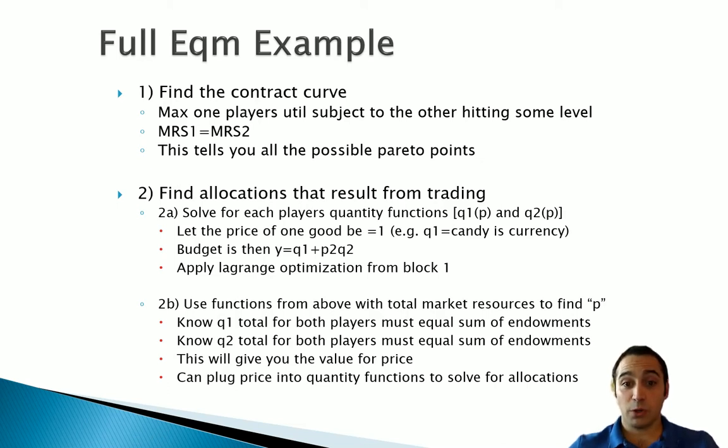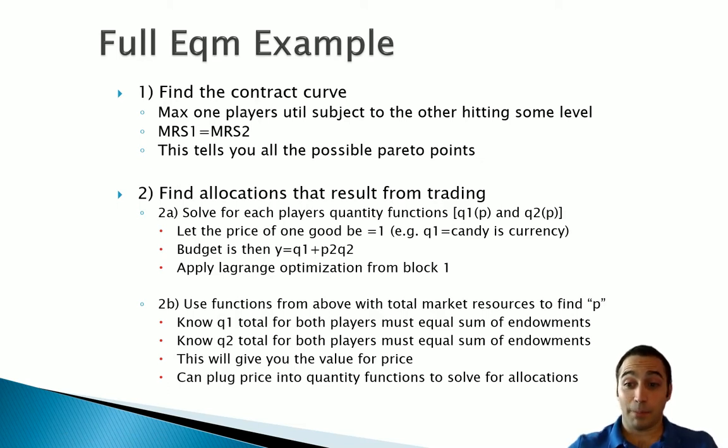Then, after you have demand, i.e. good 1 and good 2 desired, as functions of price for both players, you can then use the quantity 1 and 2 total for both players to find the optimal price by looking at the total amount of good 1 and good 2 that are found in the economy in total.